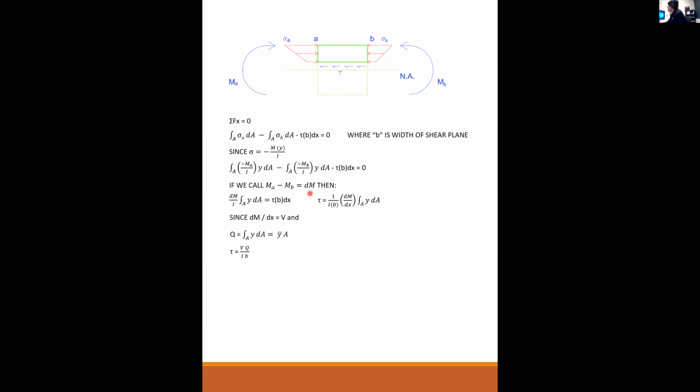Somehow my negative goes away. Let's see. What I mean is MB minus MA, because it's minus and then minus MB as well.